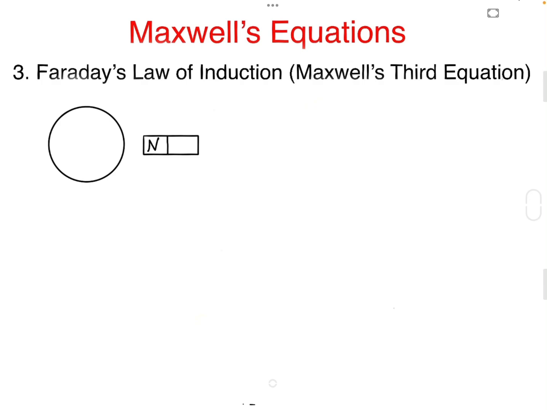And you know from physics it has a north pole and then a south pole. So what happens is when you move the magnet's north pole into the ring, when you approach the ring and then get it inside the ring, the magnetic flux through the ring increases.